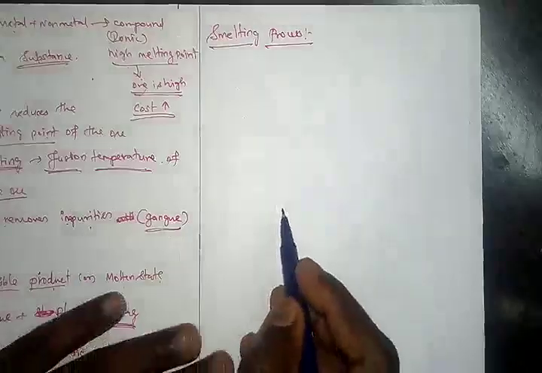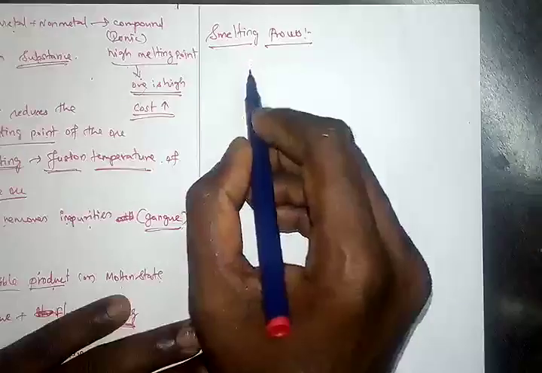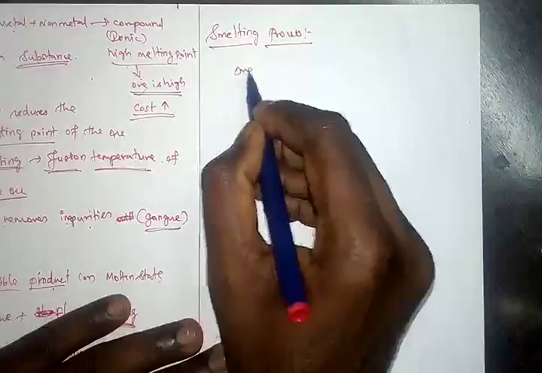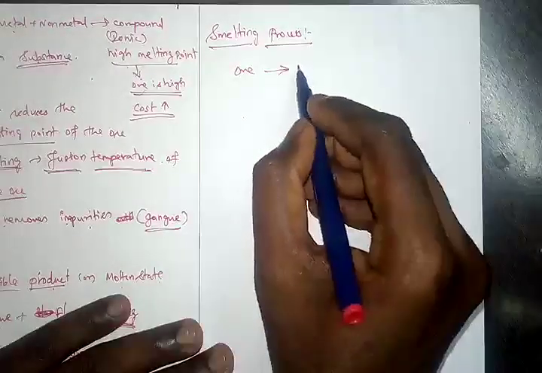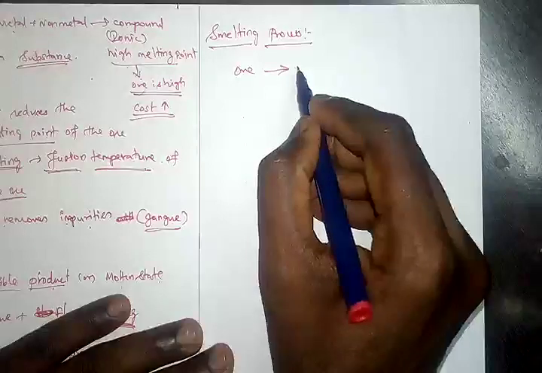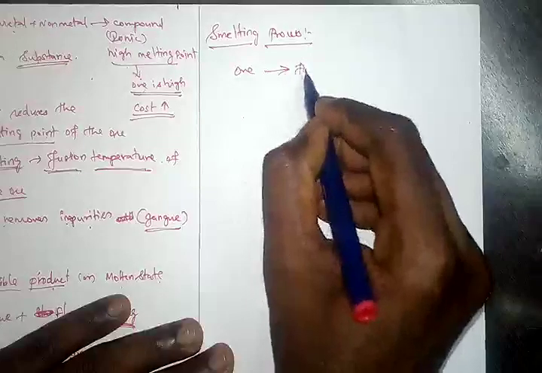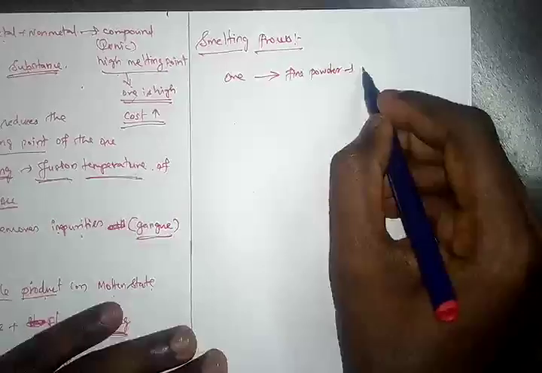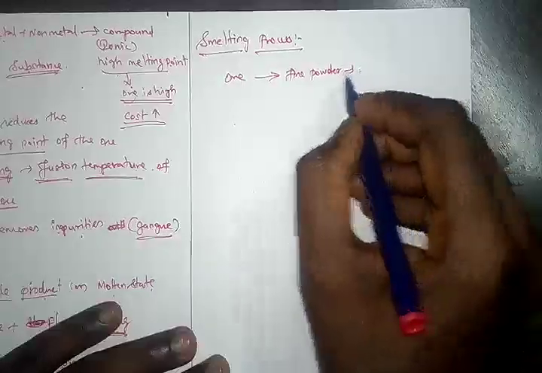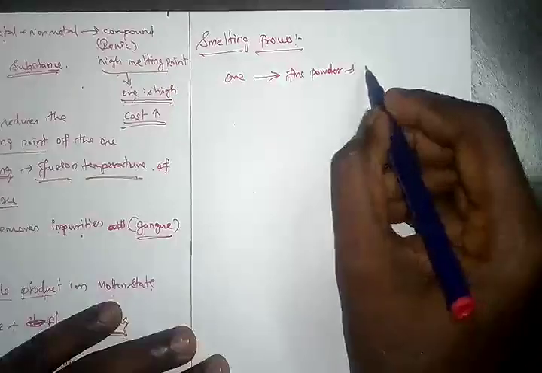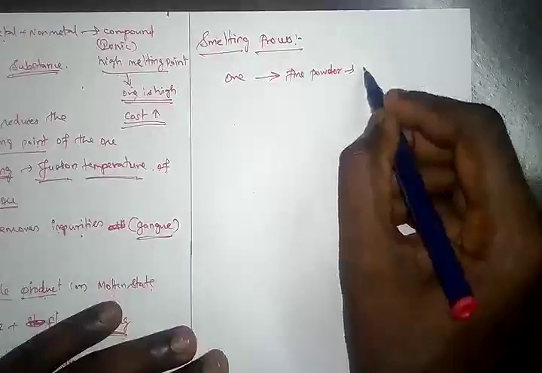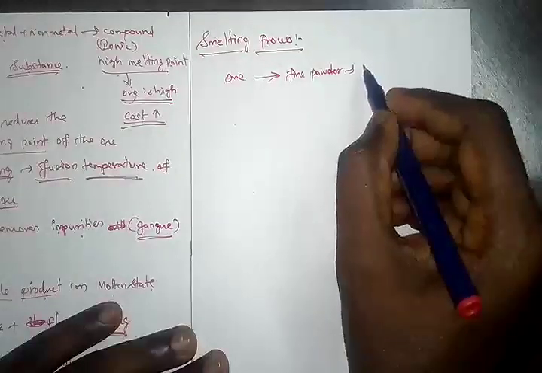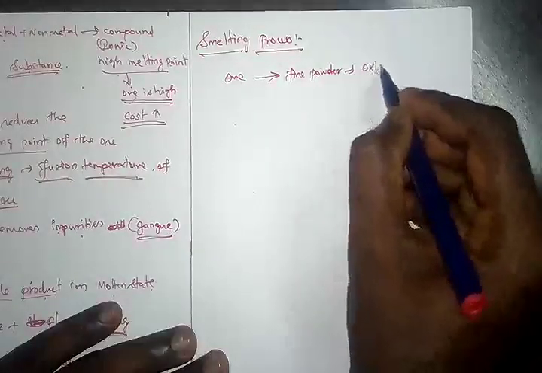Now, normally what we do in the metallurgy process is, the ore is first converted into fine powder, and then after the impurities are removed, we do the roasting process, or else we convert the ore into oxides.